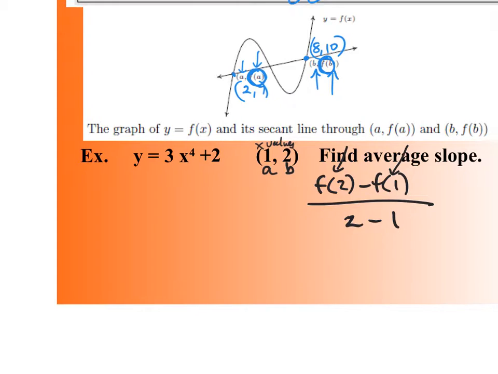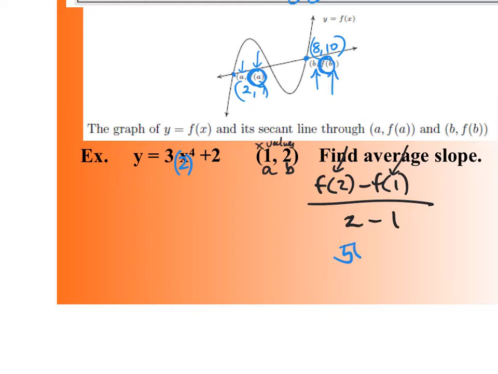All right, so let's figure out f of 2. Everybody put in a 2. I don't want to just do this whole thing, I want you to do it with me. This one's a little bit of a pain because 2 to the fourth gets big, and then we've got to times it by 3. What is 2 to the fourth? 16. Times it by 3, 48. Add 2, 50.